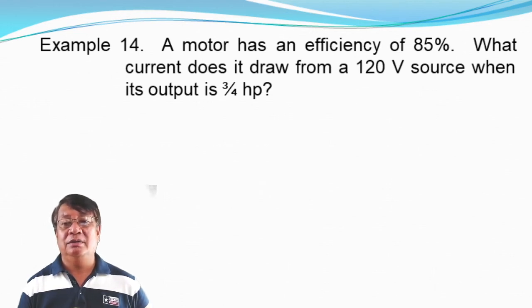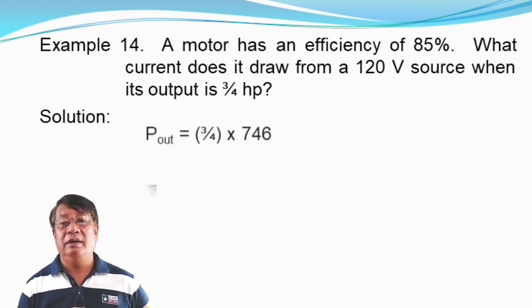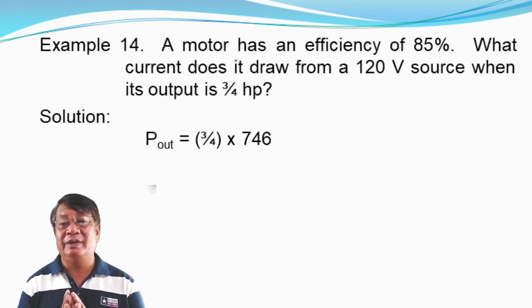So we have the power output given as 3/4 horsepower, and let us now determine the power input, given the 85% efficiency. Because the power output is given in horsepower, convert that to electrical power using the factor of 746.